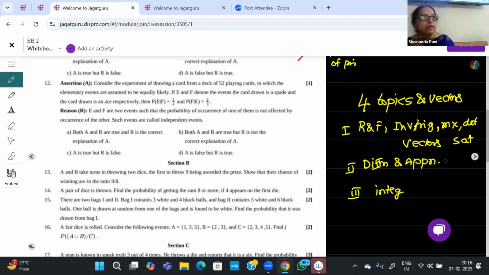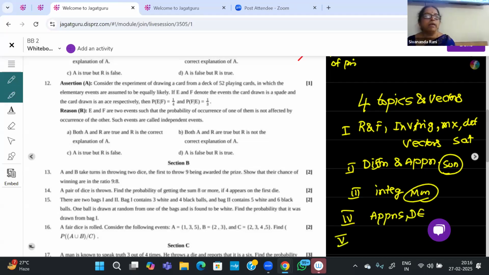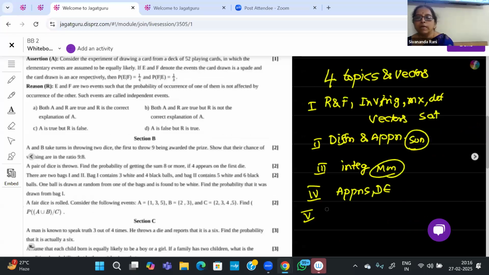Sunday, is it possible for you to come? No? Whole of Sunday you can complete. I'll just test you in this, and Monday we can have this completed. And this one will be applications and differential equations. And then the next unit can be LPP and others. LPP, probability, 3D, vectors, again I'll test it.